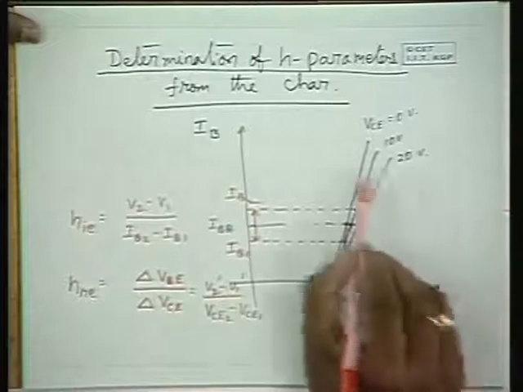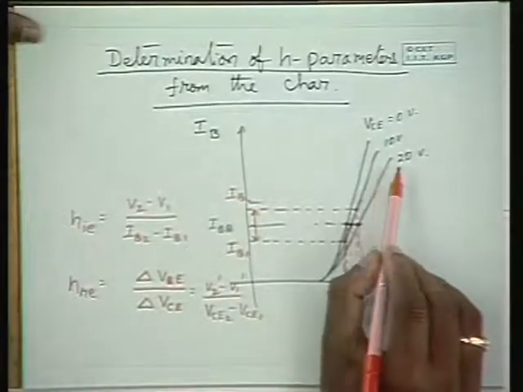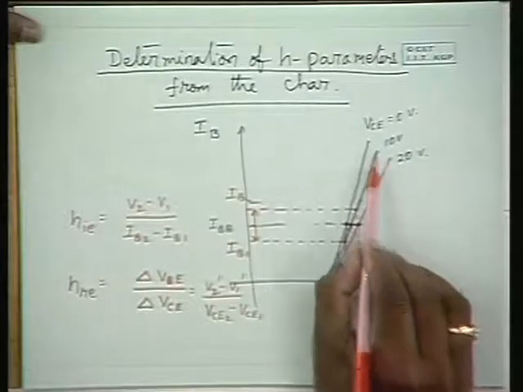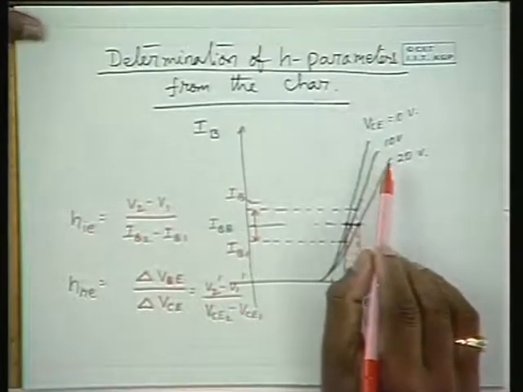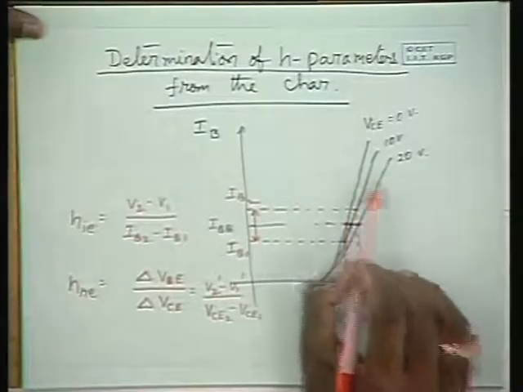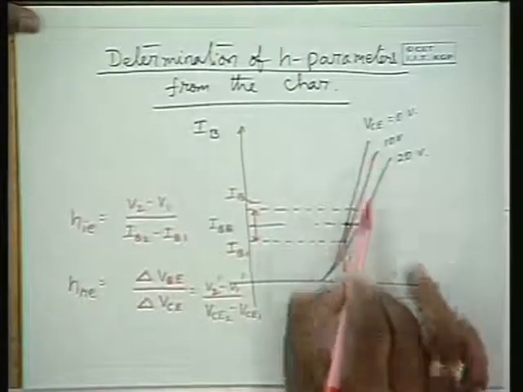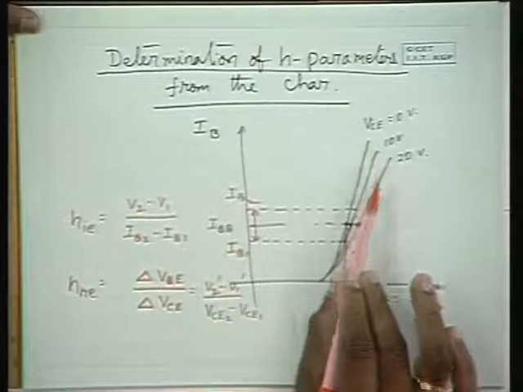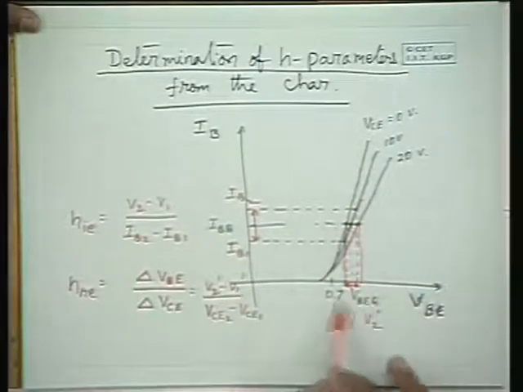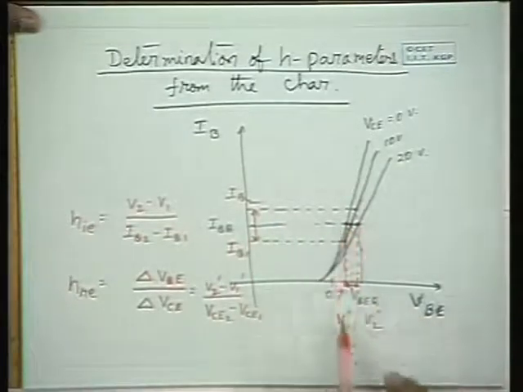So here also VCE is varying around the Q point voltage of 10 volts. If you apply an AC signal at the output which varies from 0 to 20 volts around the quiescent voltage of 10 volts, this much of VBE variation will occur even when IB is held constant at IBQ.